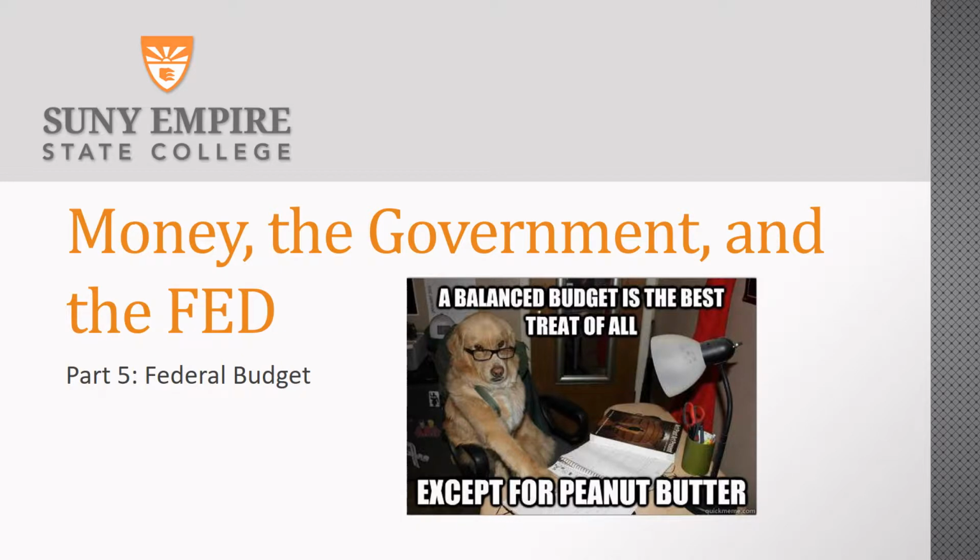Part 4 considers fiscal policy, defining it and its role in stabilizing the economy. Part 5 inspects the federal budget, its components, how it is funded, and what role federal deficits play in the economy. Part 6 looks at the Fed, its role, structure, and functions in the economy.